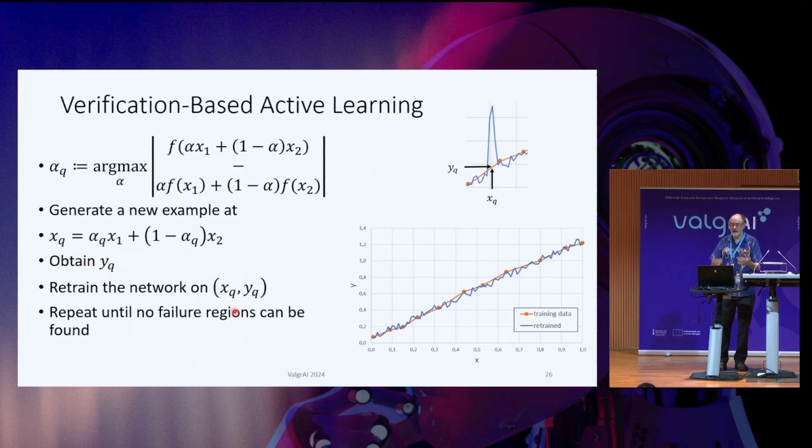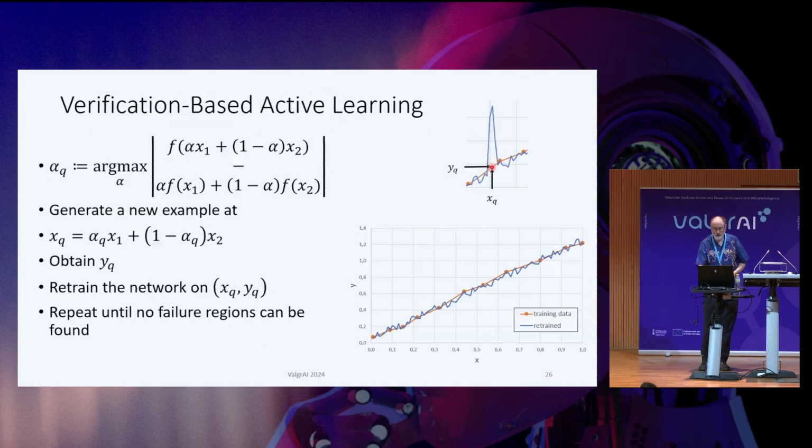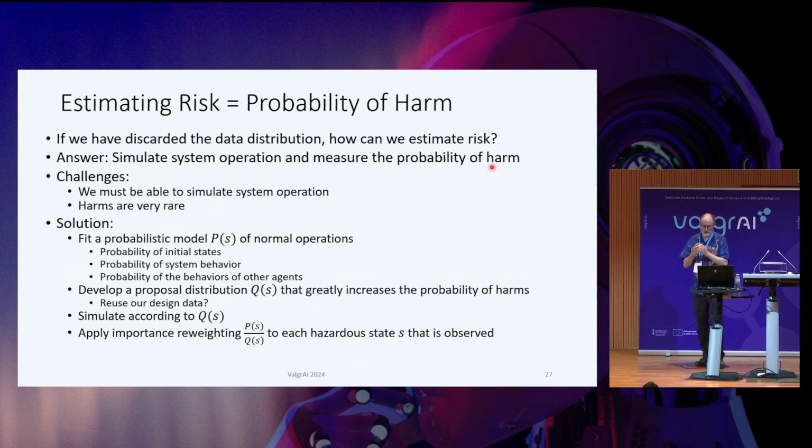I can retrain my network, and hopefully then I can remove that spike from the fitted function by putting a data point right here that says the true value of the function should be down here. How many iterations of that do we need? I don't know. As I say, nobody has tried this yet, so maybe we'll know in a year from now whether that kind of thing works.